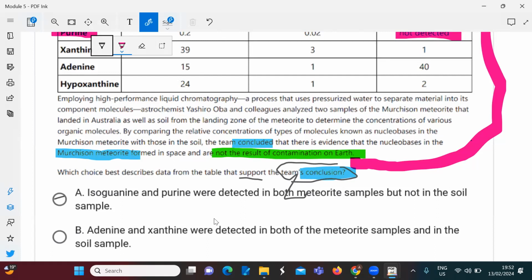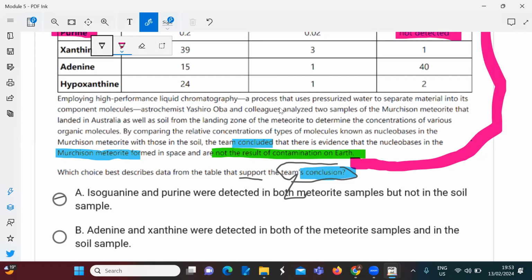Because you are not asked to support the whole text. They're asking about the conclusion. Yes, supporting just one point, which is the conclusion. The conclusion asked me to find evidence of some elements that were detected in both meteorite samples and not on Earth.